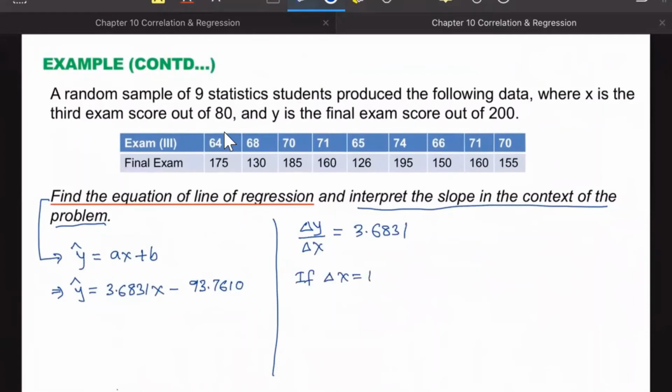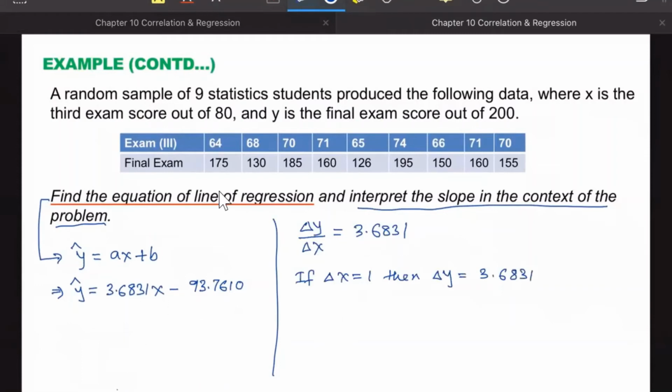What I'm trying to do is, if I get 65 instead of 64 in the third exam, or in place of 68 I get 69, in place of 70 I get 71, that is, if the third exam score increases by 1, what happens here? Then this equation will be delta y, a change in y, divided by delta x, which I'm considering as 1. So change in y will be equal to 3.6831.